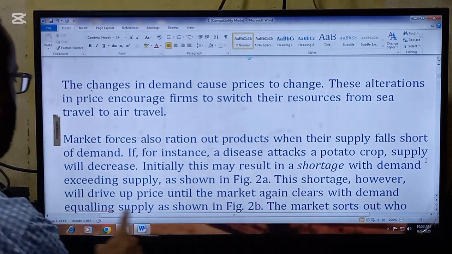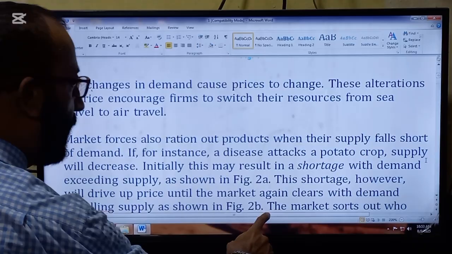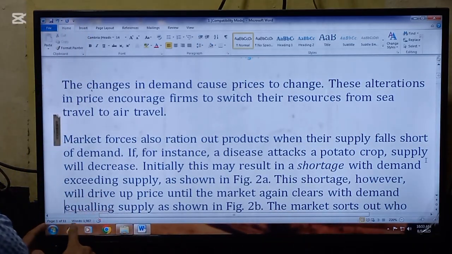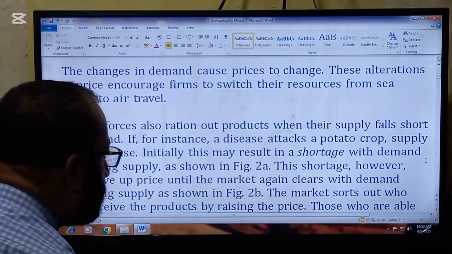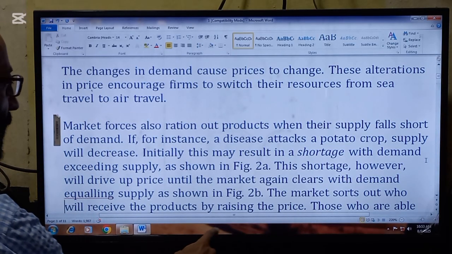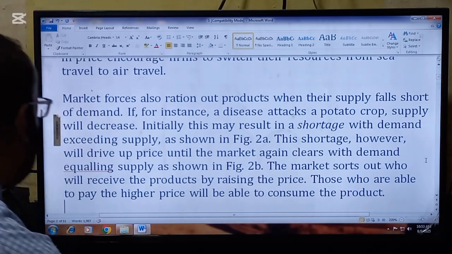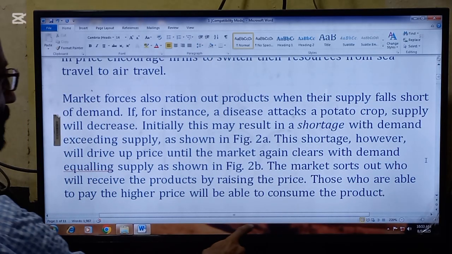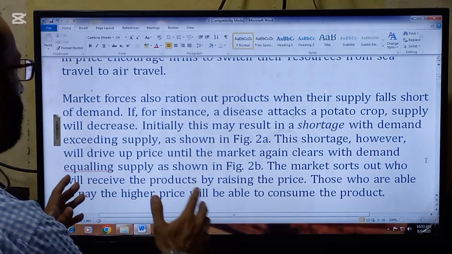This shortage, however, will drive up price until the market again clears with demand equaling supply, as shown in figure 2b. The market sorts out who will receive the products by raising the price. Those who are able to pay the higher price will be able to consume the products. So this is an example.